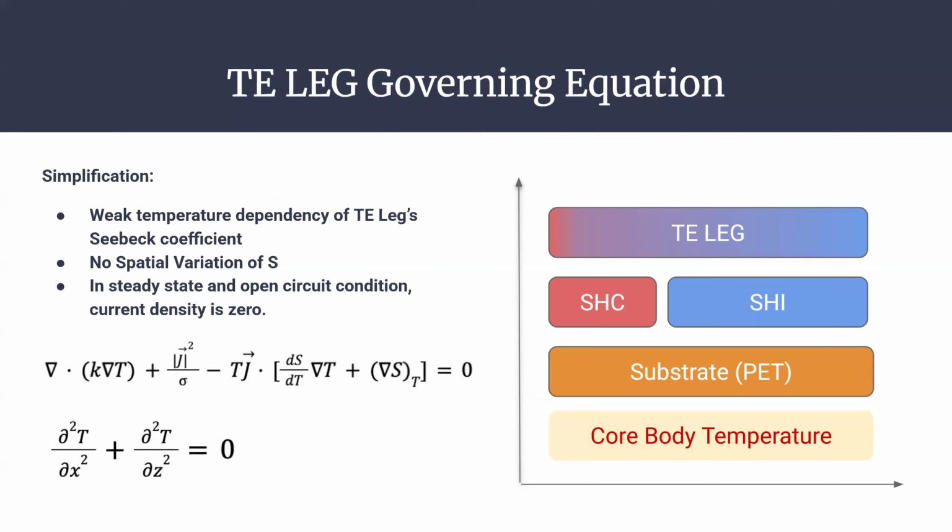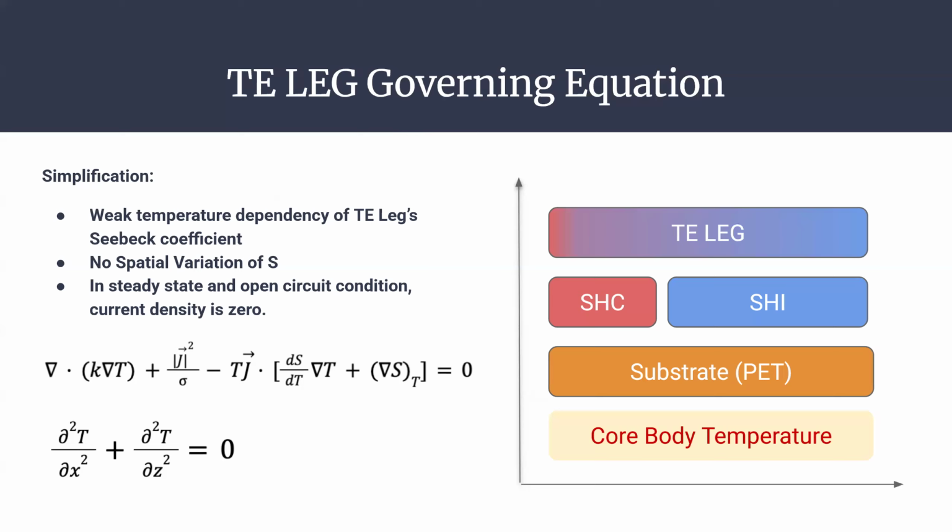So with the cold and hot end temperature and the delta T, we now have the thickness of each material layer. Now we have enough parameters to simulate the thermal distribution in the TE leg.